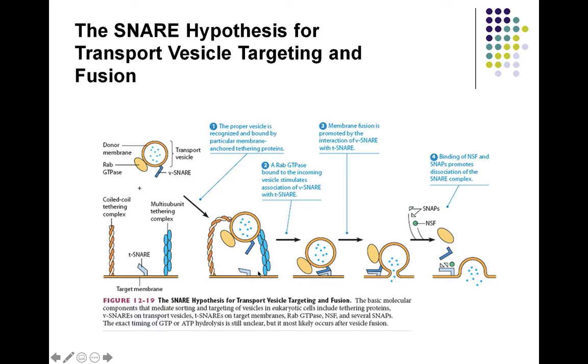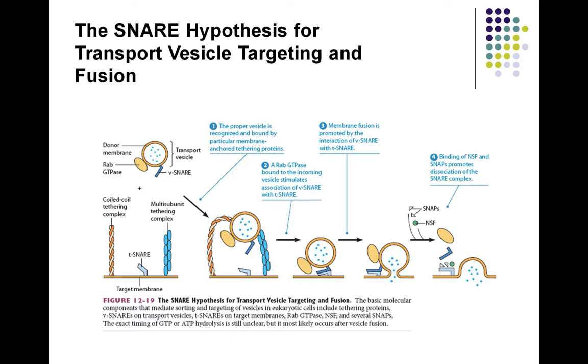The RAB GTPase bound to the incoming vesicle stimulates the association of the two SNARE molecules, the vesicle SNARE, the V-SNARE found on the donor transport vesicle, and the target SNARE, the T-SNARE, found on the target membrane. With the association of the V and T SNARE, nagkakaroon ng membrane fusion.